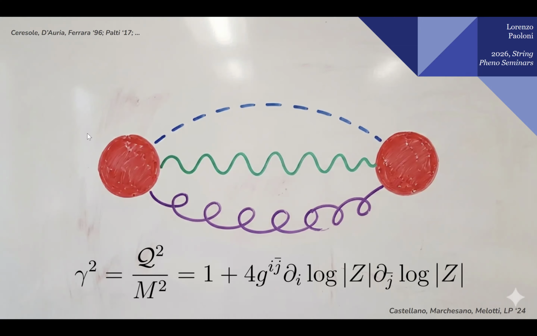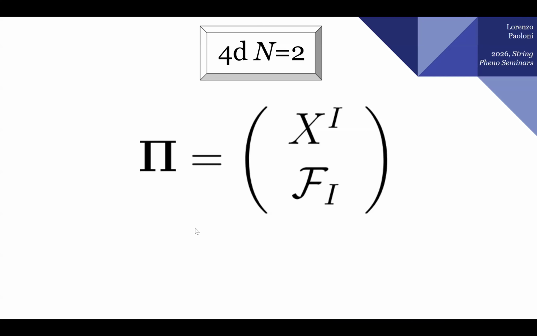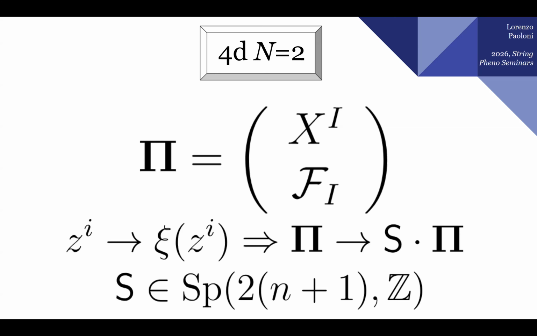This is another point, as I said, in our net, but it is not the last one involving the period vector. To introduce this point, which will be the monodromy factorization, I need another general property of N equal to 2 supersymmetric theories. That is that for any isometry of the scalar manifold of the moduli, the period transforms under the action of the symplectic group.